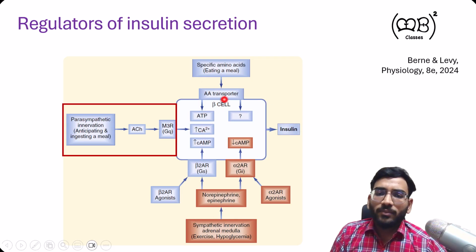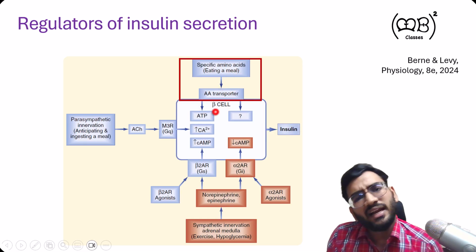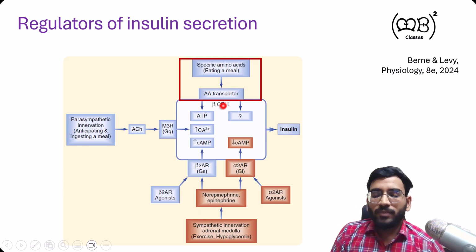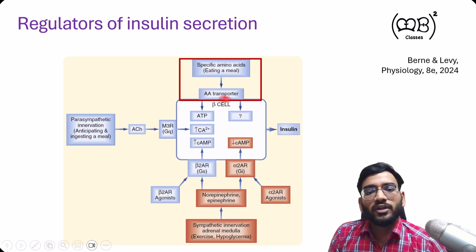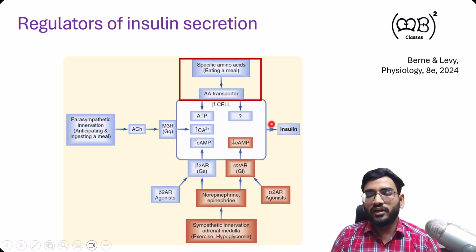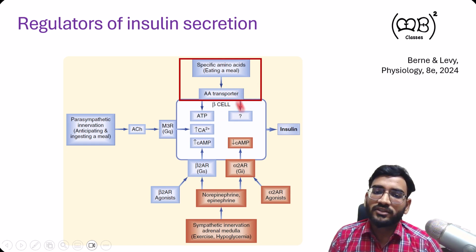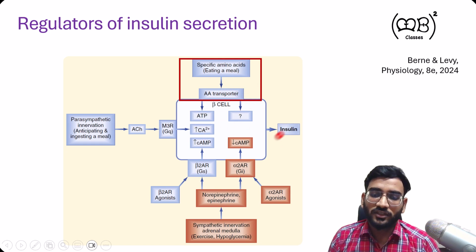There are amino acids also, which go inside the cell via the amino acid transporter, maybe because oxidation of amino acids leads to increased ATP, and the same mechanism of insulin release takes place, but we don't necessarily know how amino acids lead to an increase in insulin secretion.